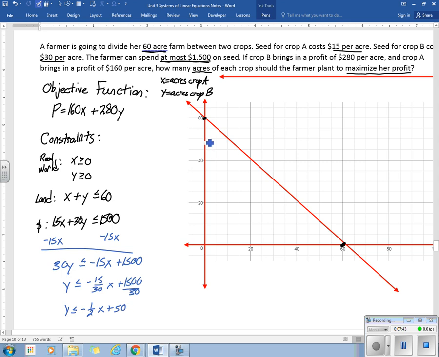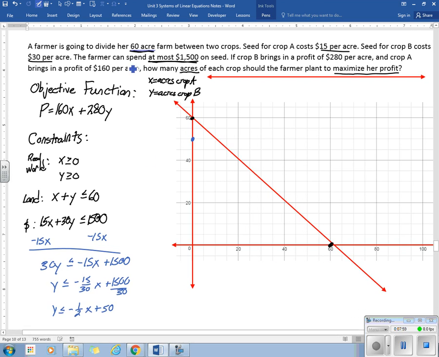So there's our y-intercept at 50, halfway between 40 and 60, and then we go down 1 square, run 2 squares. Since they are equal grids, we should be okay to do that. Otherwise, if we go down 50, we'd have to run 100. Again, a 1 to 2 ratio, so every 1 I drop, I need to run 2. So down 50, run 100. The x-intercept would fall right here.